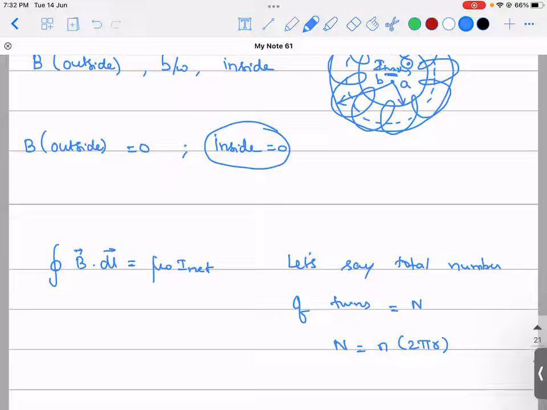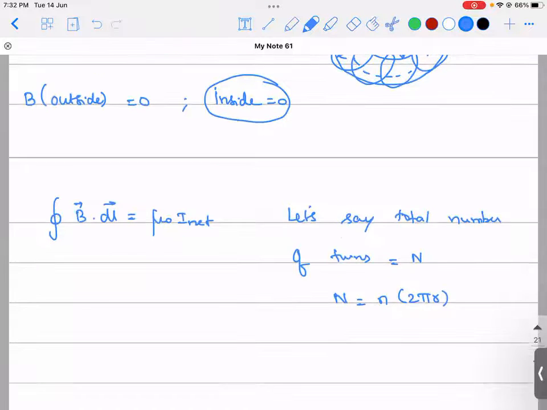N and small n, generally in physics, where do we use it? Number per unit length. So small n is capital N divided by 2 pi r. 2 pi r is the radius of that toroid loop.